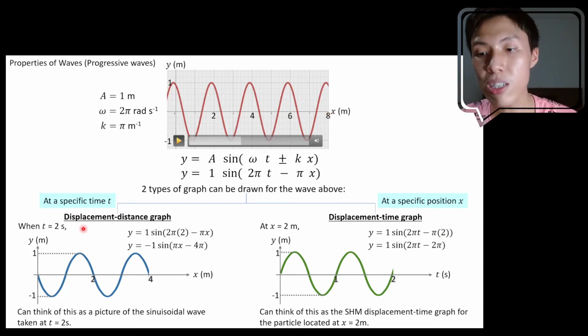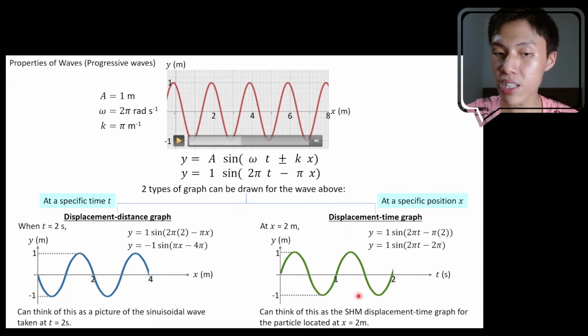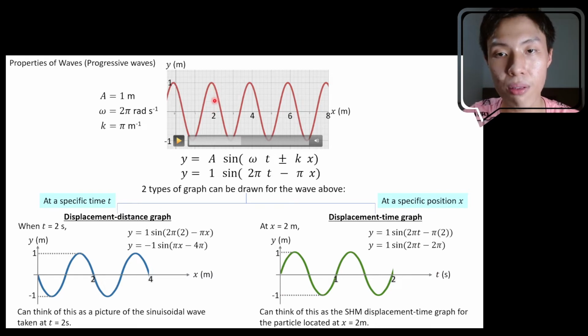A displacement distance graph represents the shape of the wave, but for a particular moment. For a displacement time graph, you are not representing the shape of the wave. This is just showing how the particle oscillates as time passes, how the SHM will be for the particle at this specific position.